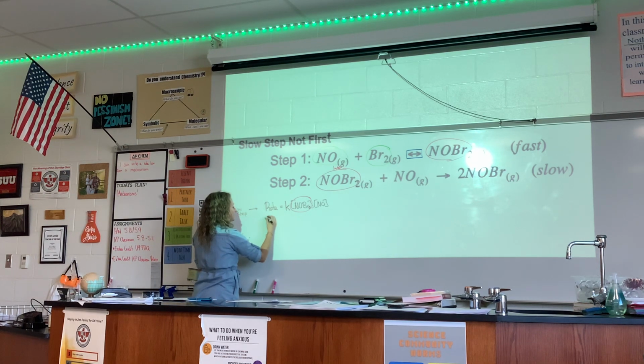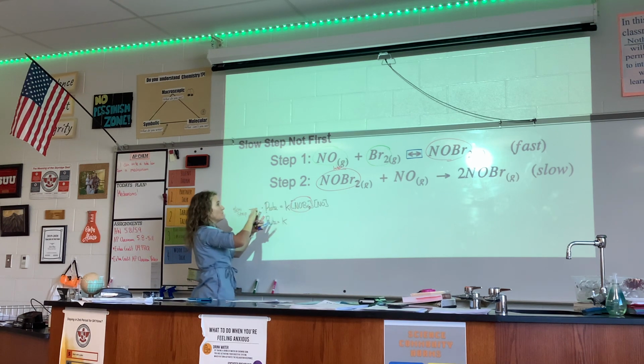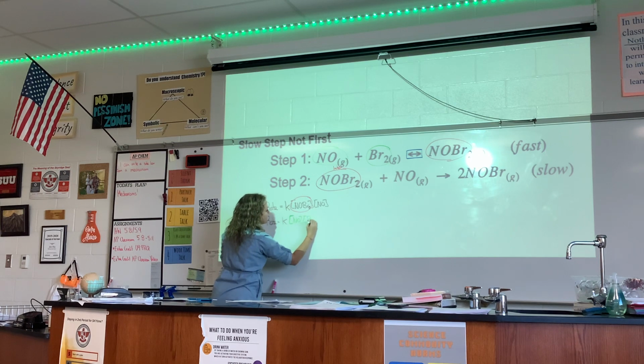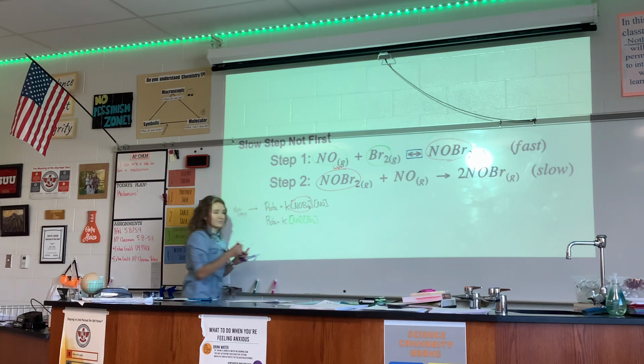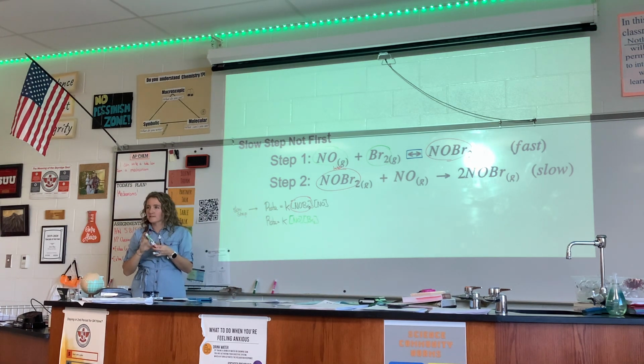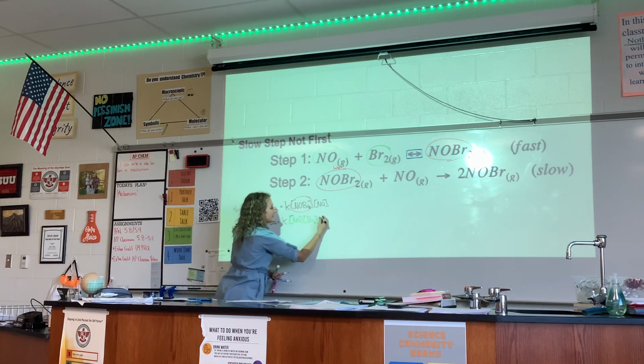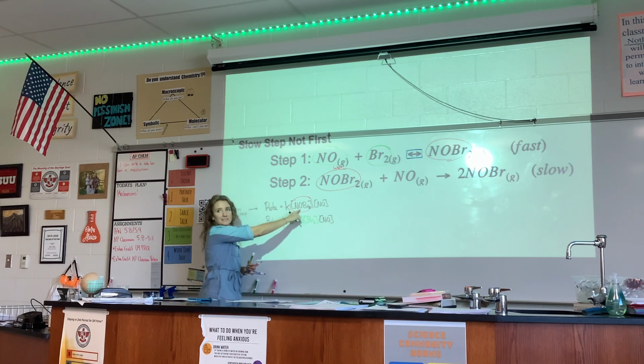So our rate is rate equals k, and NOBr2 we're replacing with NO and Br2, because that's what it equals. Now, notice in my original one, I can't lose the other part that was still there, so I still need the NO because this is all I was substituting out.